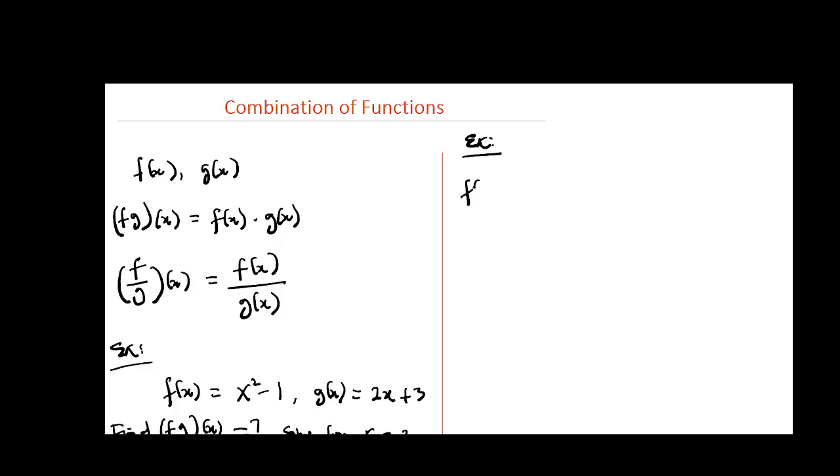F of x is equal to x squared minus 4, and our g of x is equal to x plus 2, and you are asked to find f over g of x. All right, now solution for this.